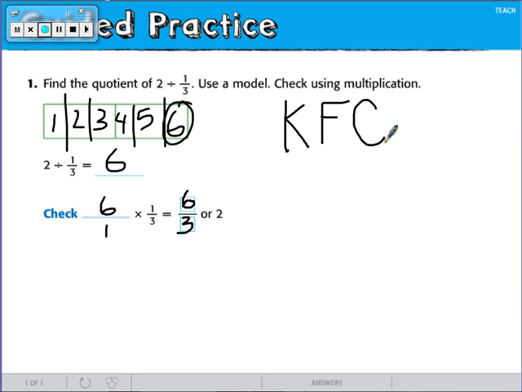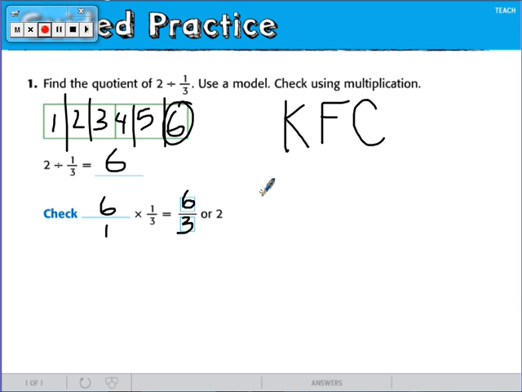Kentucky Fried Chicken. It's the way that I learned how to do it, so I'm betting it's the way the majority of your parents learned how to do this. There's nothing wrong with doing it. I need you to show your models, because that's what the homework is asking us to do. But if you would like to do this along with it, I am okay with it.